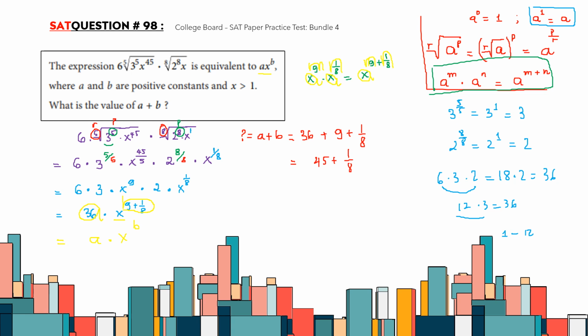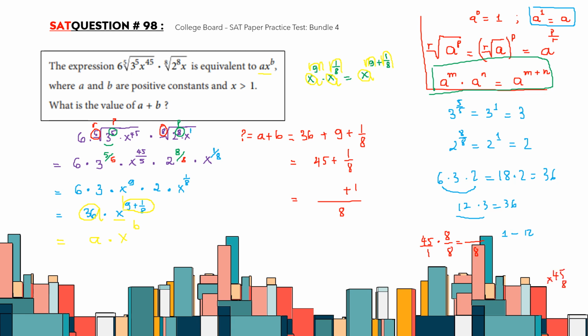To add that, you have to multiply 45 by 8 and then add 1, because now it's the same denominator. 45 is 45 over 1, so that's how we convert into a common denominator of 8.